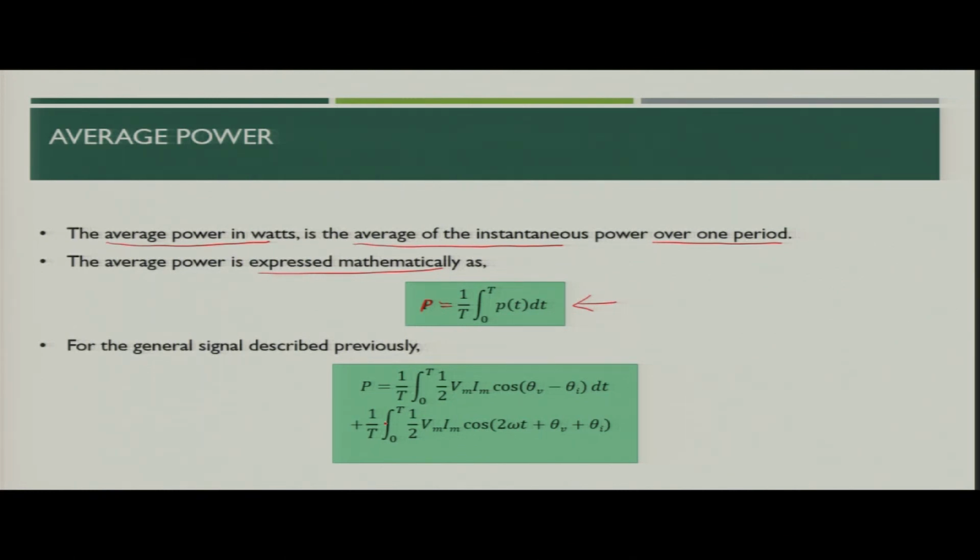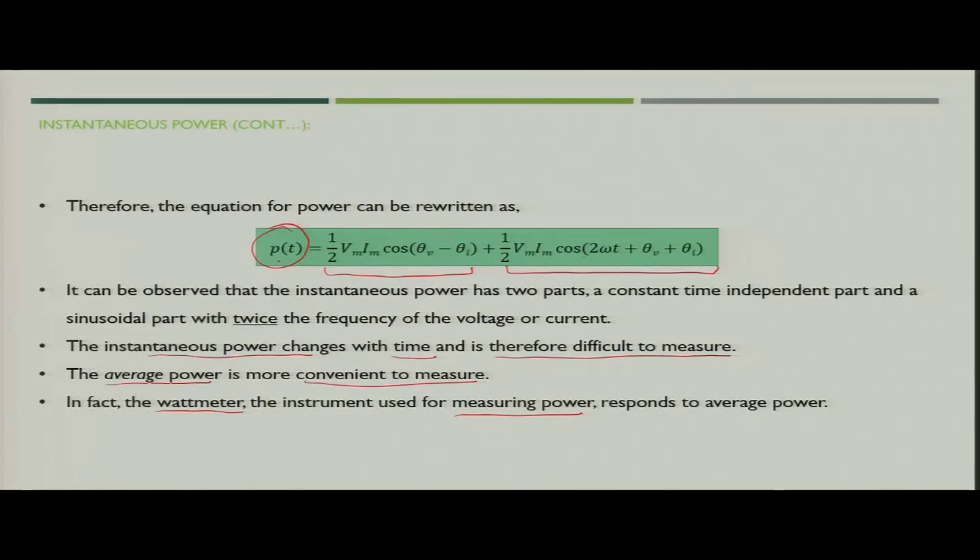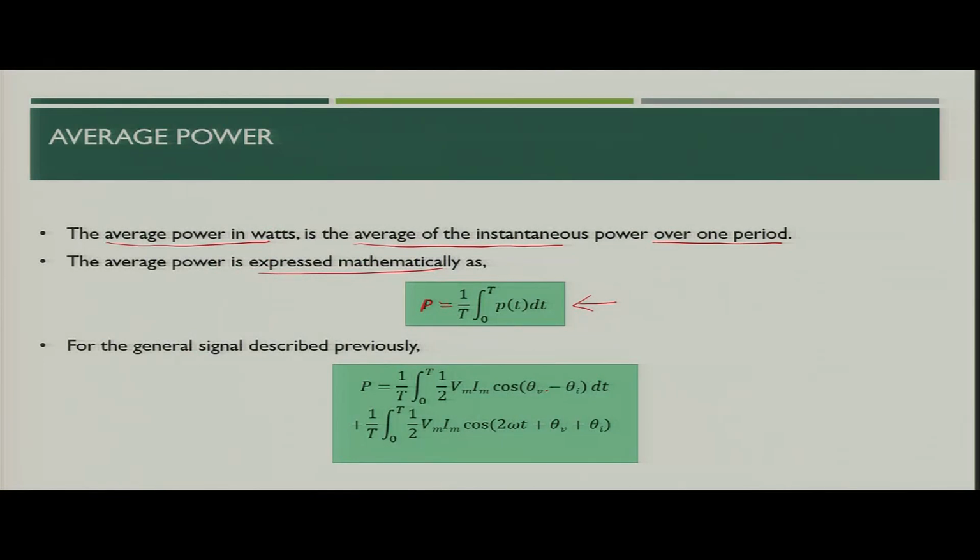What we derived previously is that the instantaneous power is one constant term plus one sinusoidally varying term. So, we will use the same term for p(t) here.